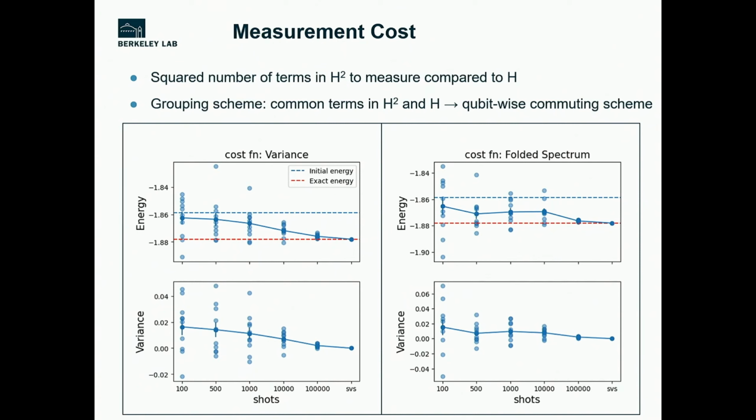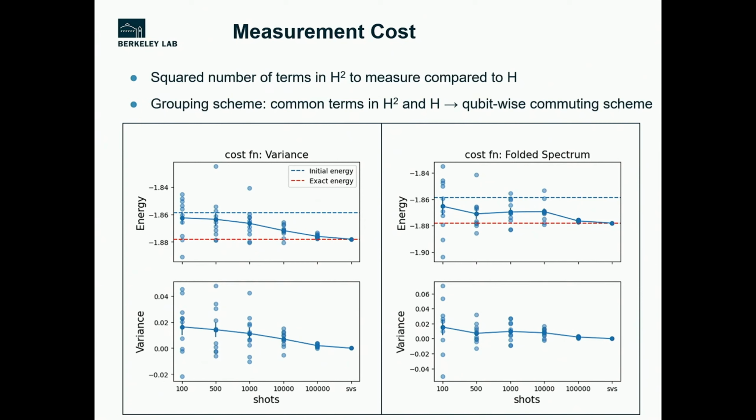So as I'm increasing the number of shots, it goes from the initial energy to the final expected energy more and more accurately, and with less spread in the statistics. This is good. And the variance, which is exactly the cost function that I minimized, also goes to 0.